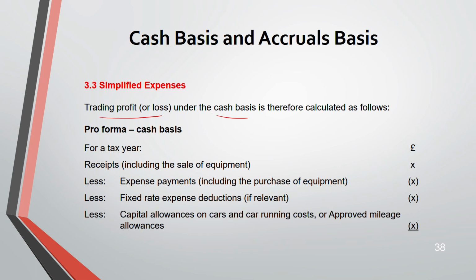And deduct capital allowances on car and the car running cost, or approved mileage allowances. Remember, it's an or. Either this or that, not both. So either capital allowance and the actual cost, or approved mileage allowance. Whichever you do, you deduct from the receipts. And then finally you end up with your trading profit or loss. Remember, this is under cash basis.